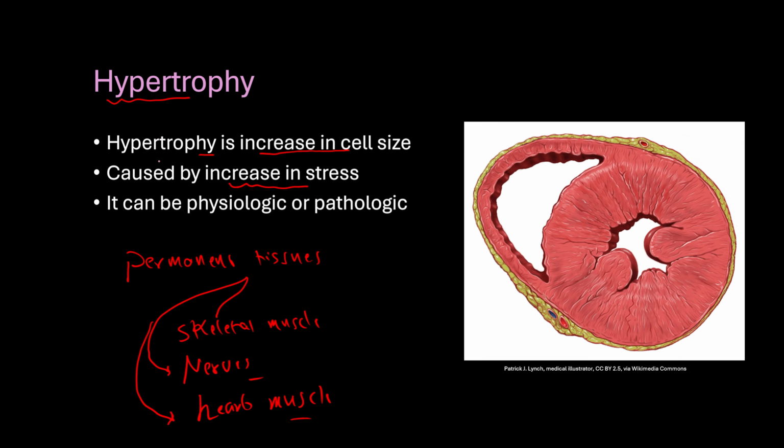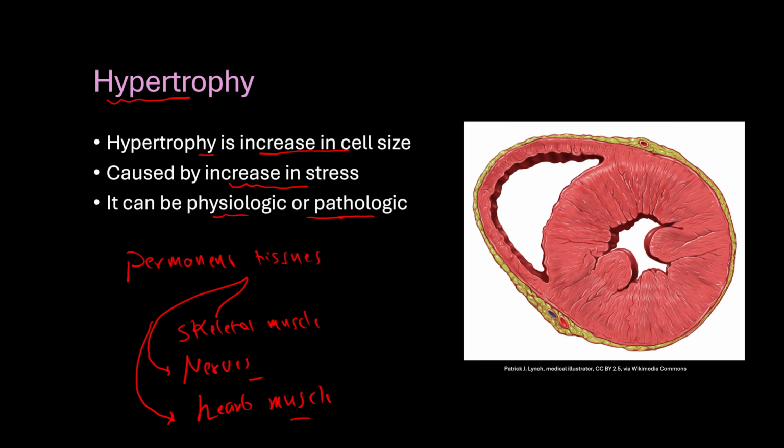Now, hypertrophy can be physiologic or pathologic. Physiologic, such as in pregnancy, the uterus muscle will undergo hypertrophy and hyperplasia at the same time to provide the strength required to carry the growing baby. Pathologic, such as in hypertension, because there is an increase in stress that is coming from increased peripheral vascular resistance on the heart.